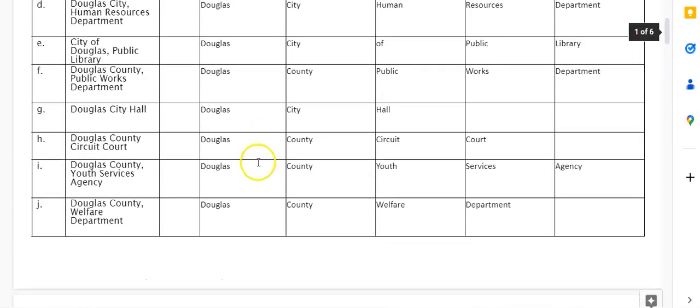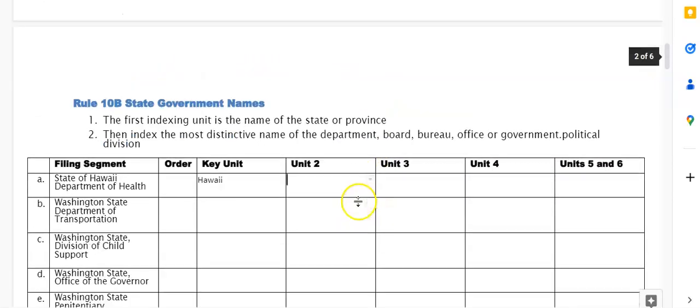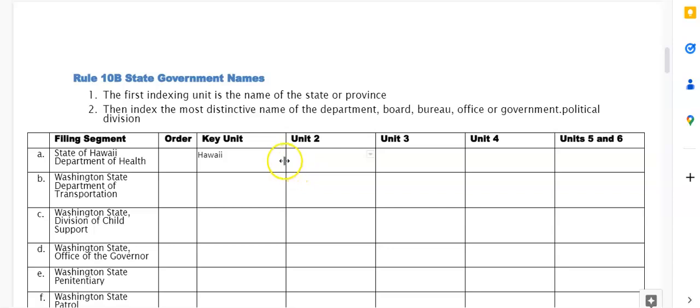Just like how we had the City of Douglas, where we did Douglas City Of, the next most important part of the filing segment is State. Of is unit 3. Then you have to take into consideration where it says to index the most distinctive name of the department, board, bureau, office, or government, or political division. That means Department isn't as important as Health.